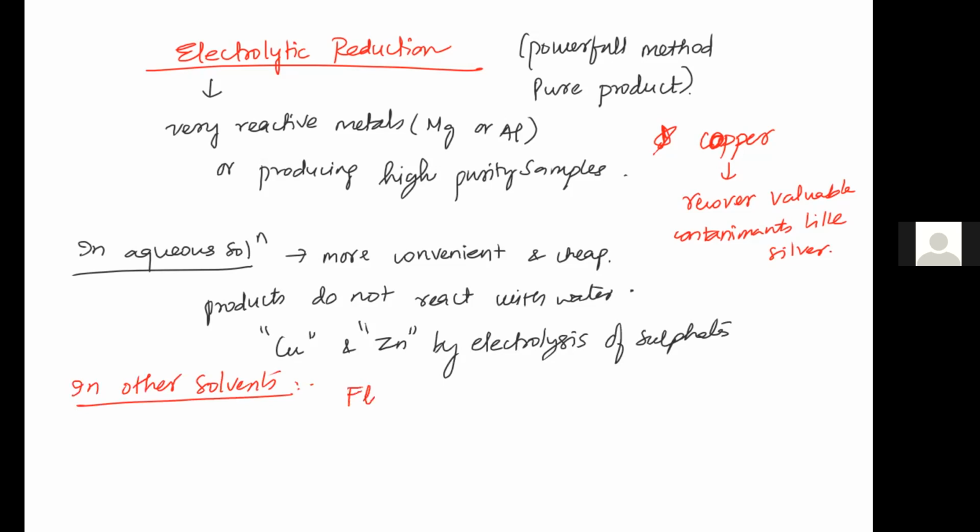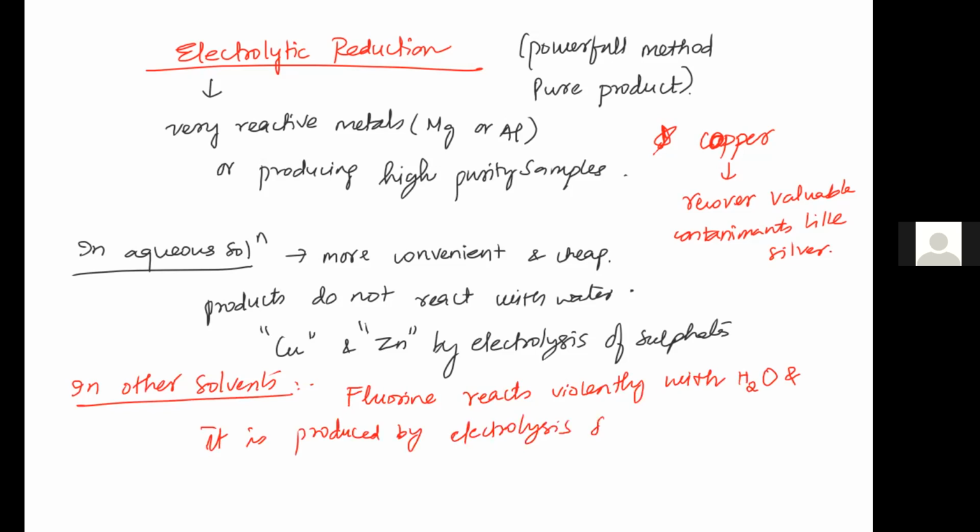Fluorine reacts violently with water. That is why it is produced by electrolysis of KHF2 dissolved in HF.